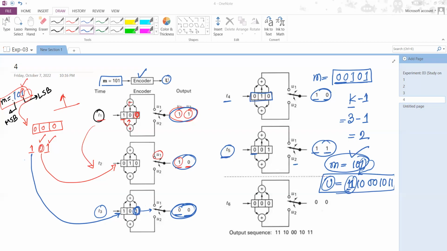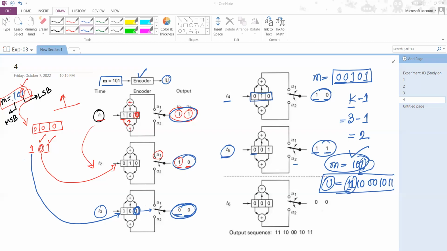In this case, you can see there is a mistake here. The output sequence should be 0 0, but mistakenly in the book they have written it as 1. So after inserting the input bits into the register continuously and shifting one bit at a time, we'll get this kind of output sequence.